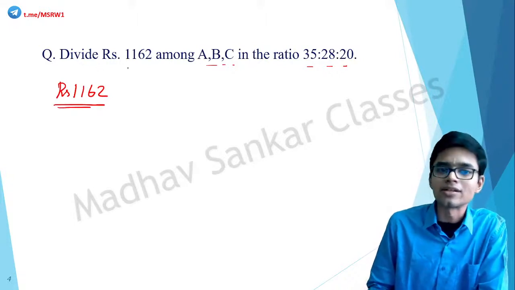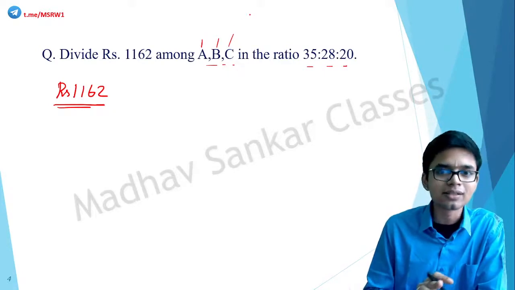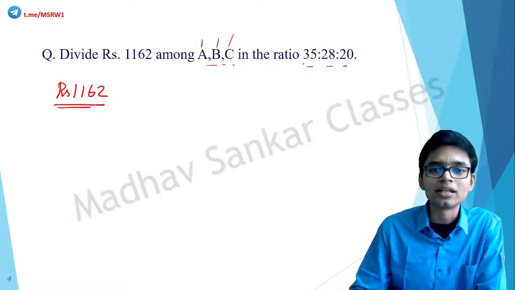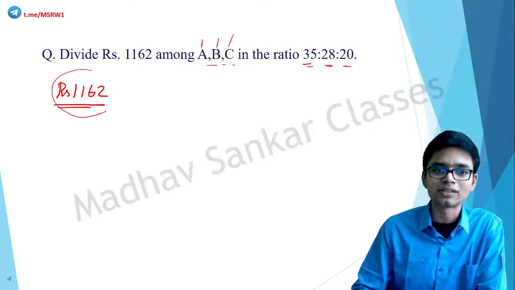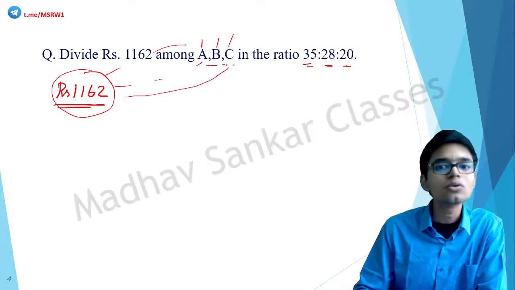And you have three friends. One is A, other is B, and other is C. You have to divide this money among the three of them in the ratio 35 is to 28 is to 20. Clear? So 35 parts of this should go to A, 28 parts to B, and 20 parts to C.